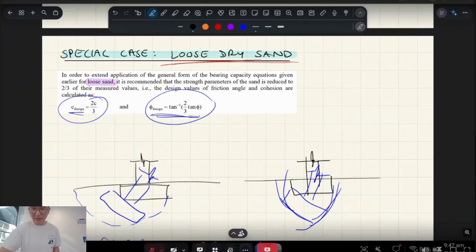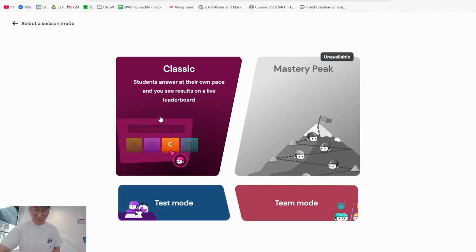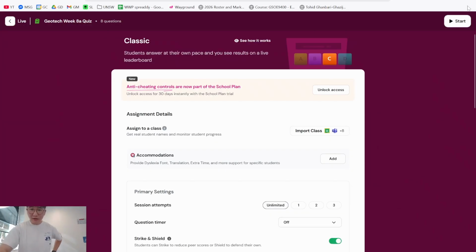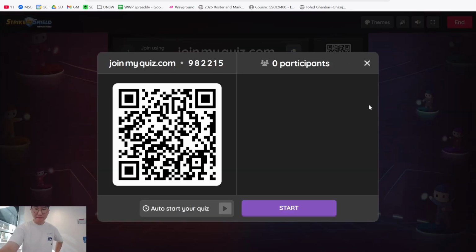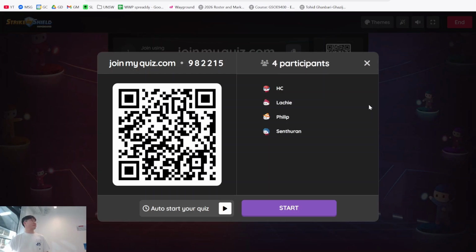All right, let's do the quiz, guys. Just give the QR code a scan. Is anyone else joining?